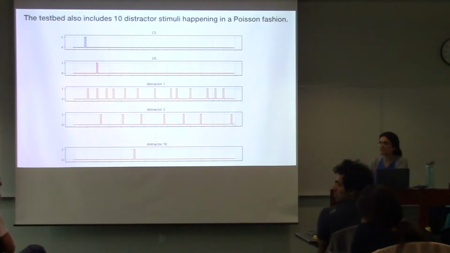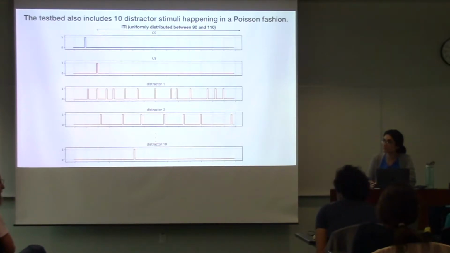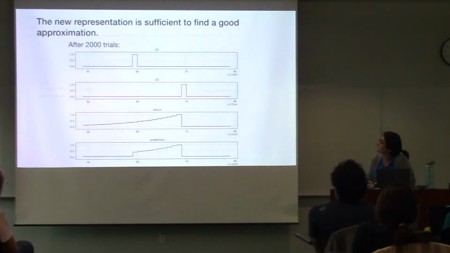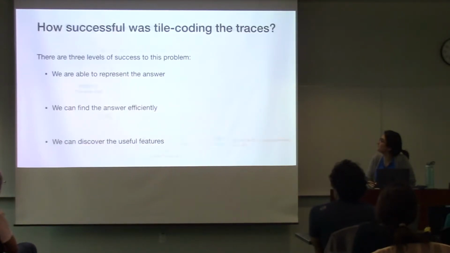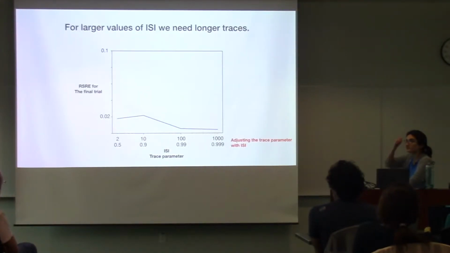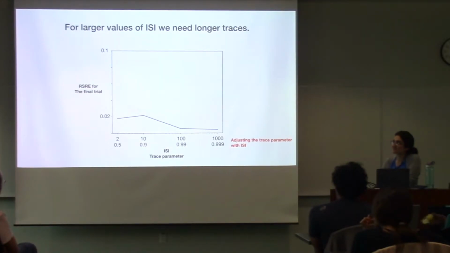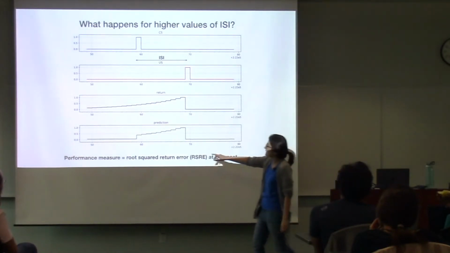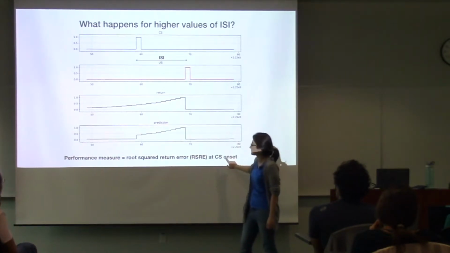Can you go to your plot of the multiple ISIs? So there's a lot going on here. Maybe you'd like to unpack it a little bit. When you say the root squared return error, is it the average over all the time steps, or the sum?